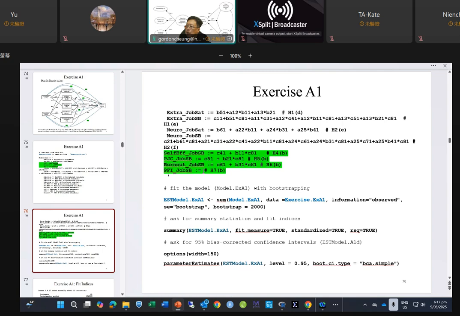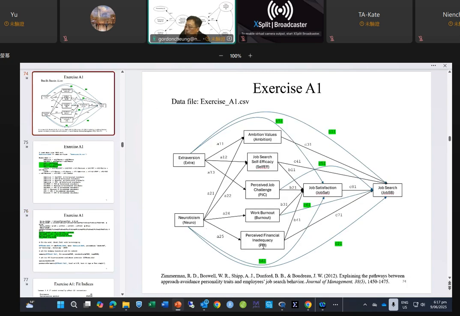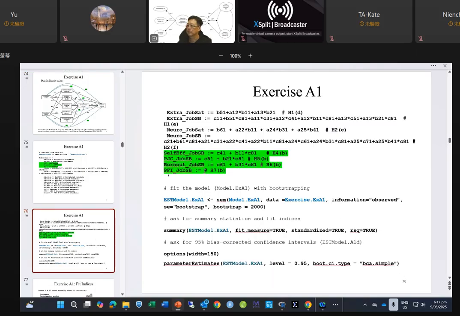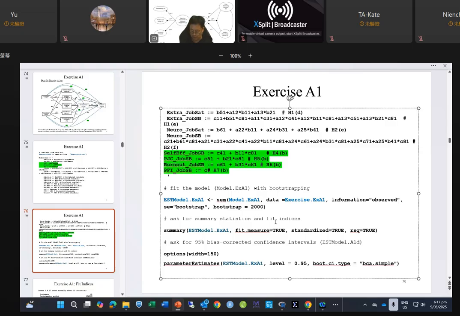And finally, I have PFI to job search behavior. It is C71 plus B41 times CH1. So we have completed the program.